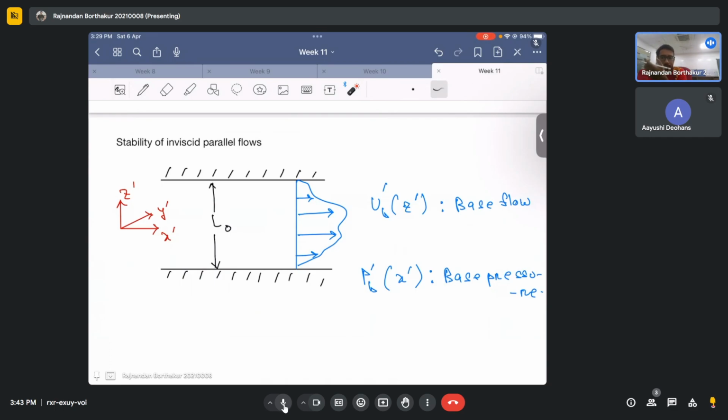For instance, we stay in the regime of linear stability analysis. And under that regime, we see whether the disturbances which we add to that particular flow, which already existed, grow with time or decay with time. Okay, this is something that we check.